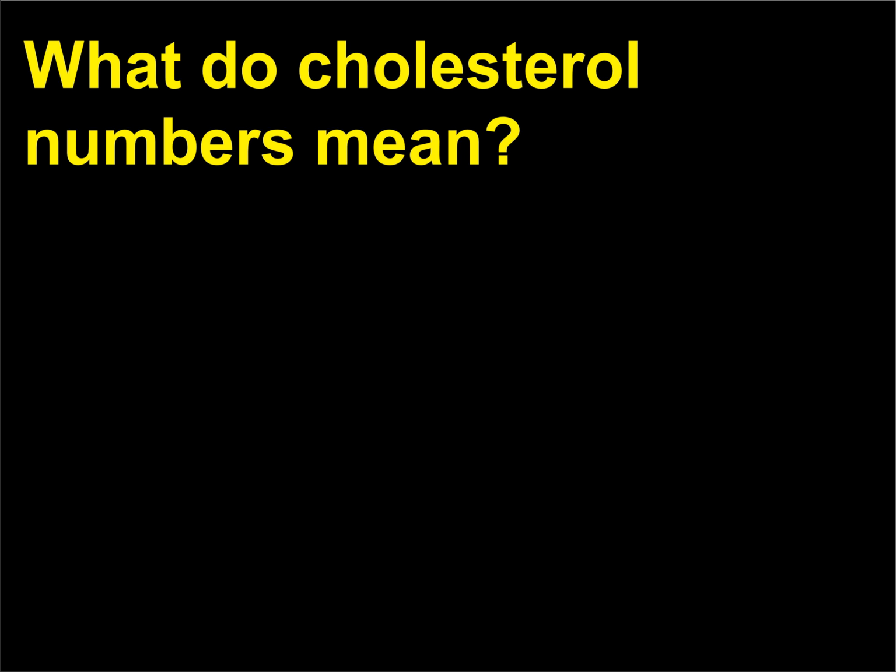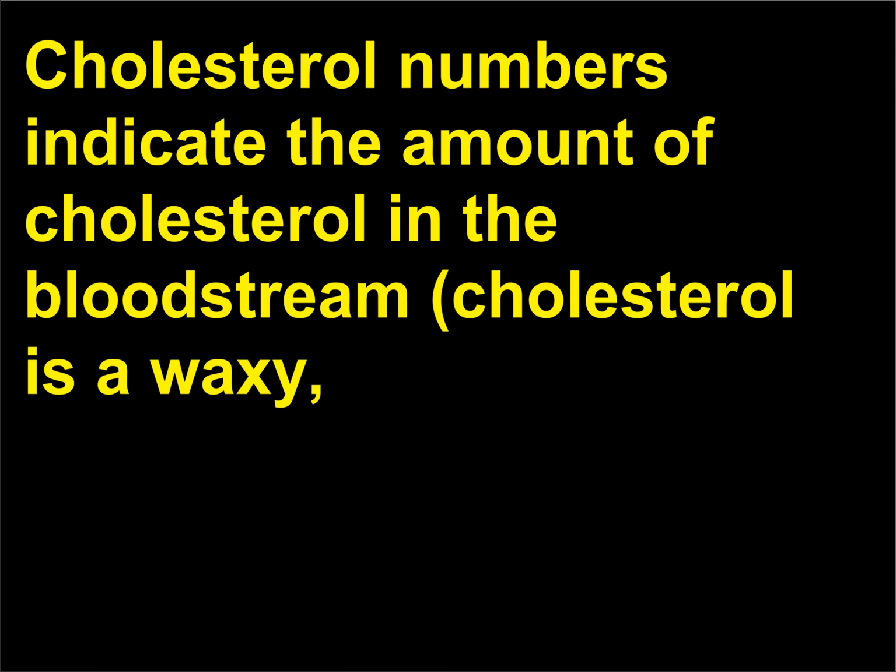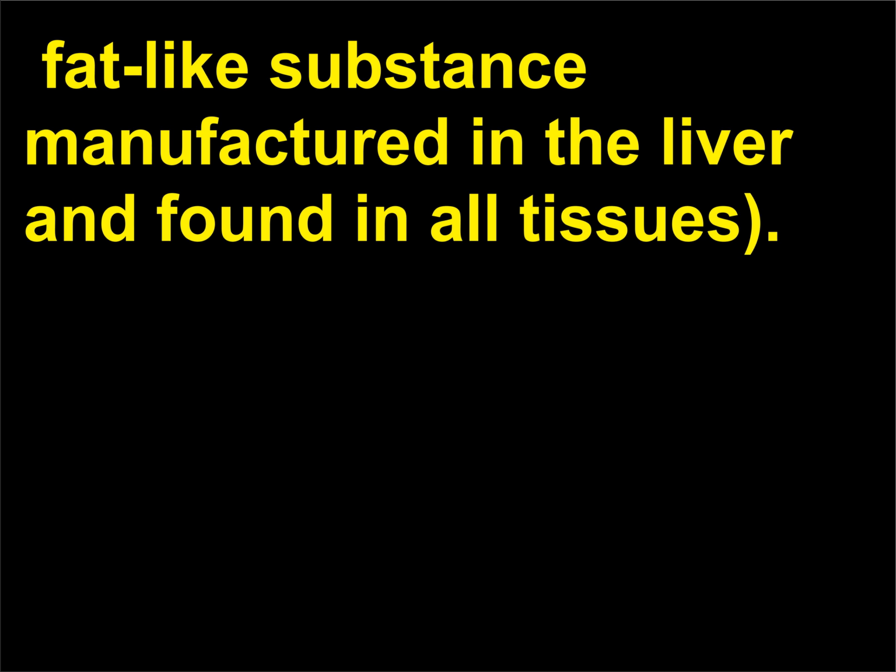What do cholesterol numbers mean? Cholesterol numbers indicate the amount of cholesterol in the bloodstream. Cholesterol is a waxy, fat-like substance manufactured in the liver and found in all tissues.